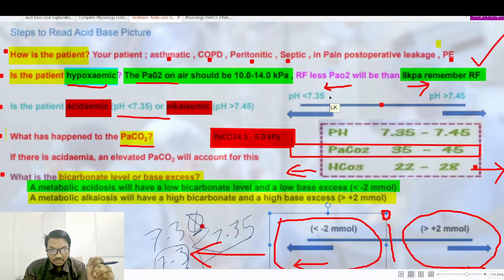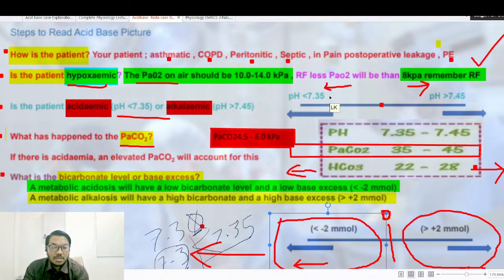Okay. Now, carbon dioxide, partial pressure of carbon dioxide. Carbon dioxide itself is a kind of acid. Carbon dioxide is a gas, but when it dissolves in water, it becomes like an acid. Very simple.